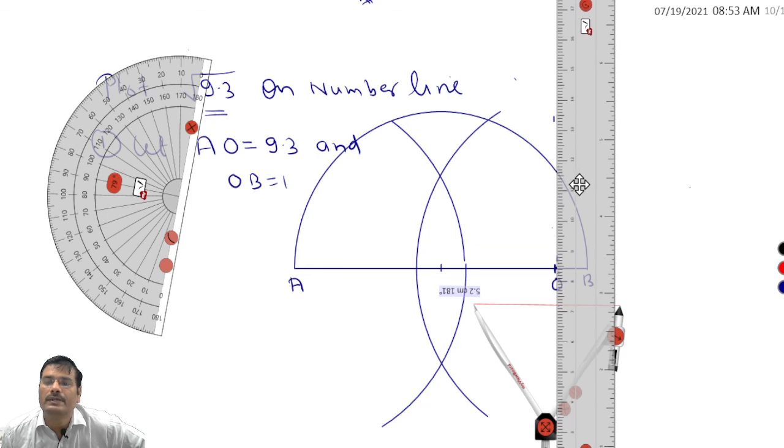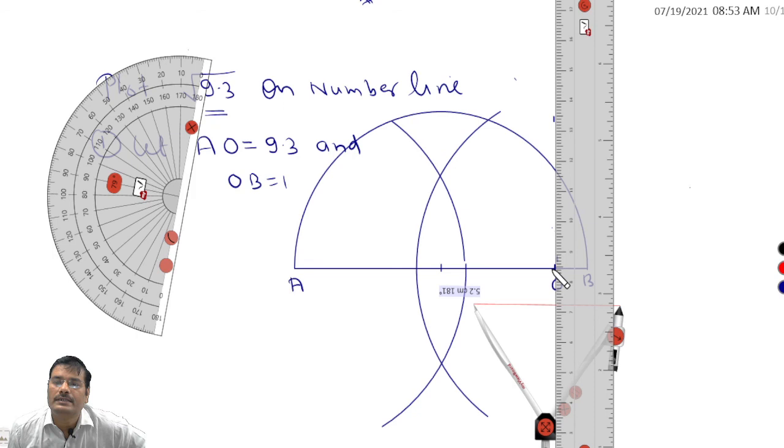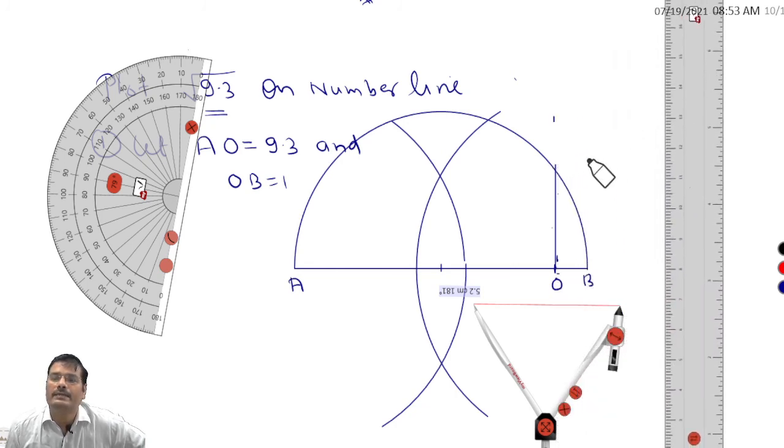If we draw the perpendicular, we observe that this perpendicular from O intersects the circle at a point. Let us suppose it is C and it is D. So this distance is the under root 9.3.